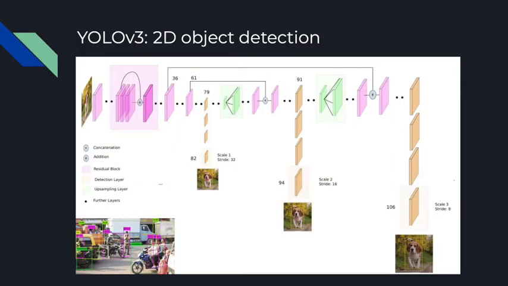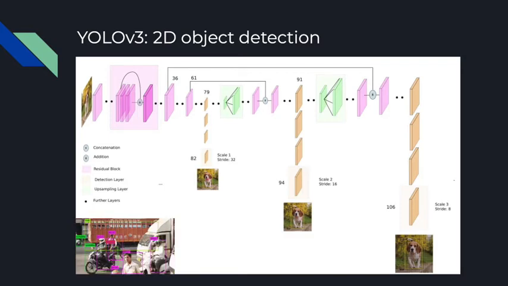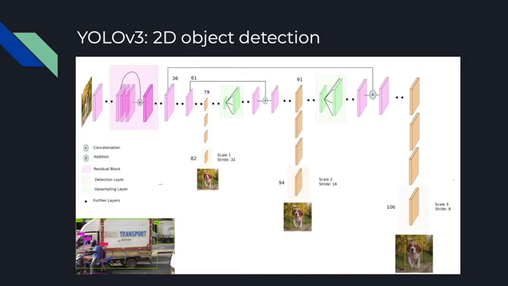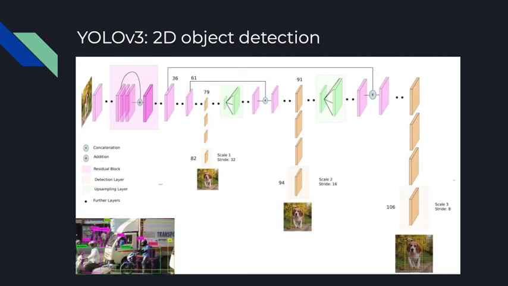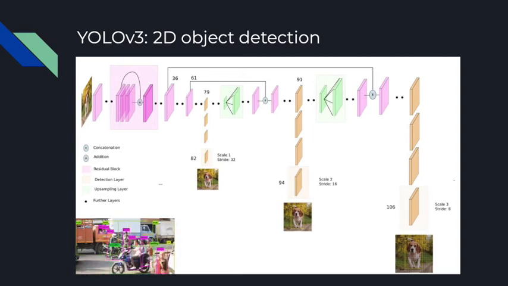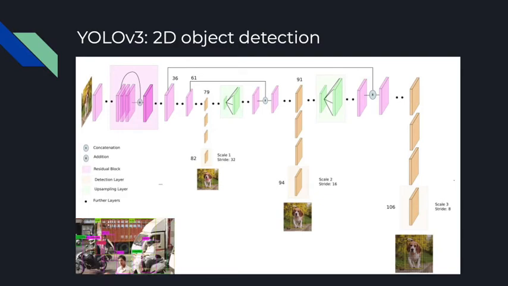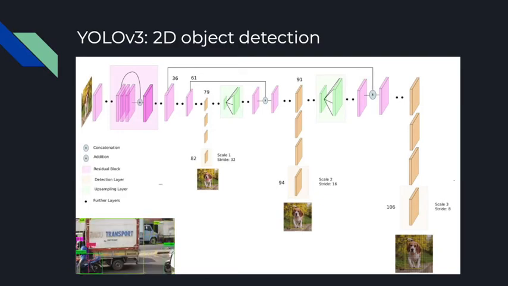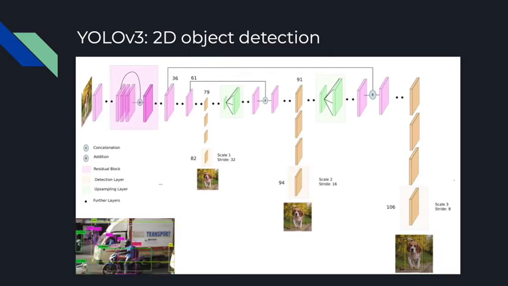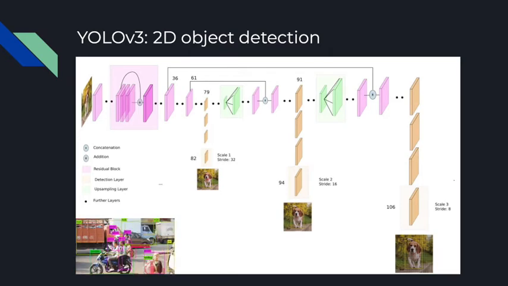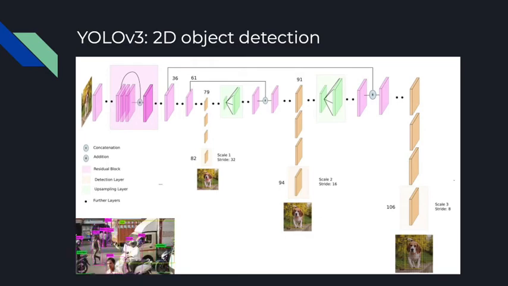Next slide, please. For object detection in the camera frame, we use the YOLO V3 model. It is kind of older now, but it was the state-of-the-art object detection neural network for a long time.